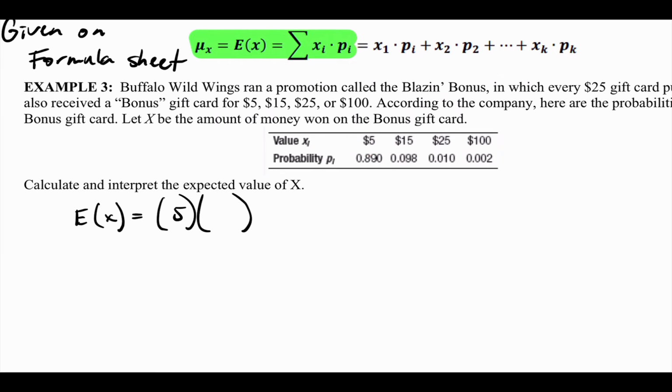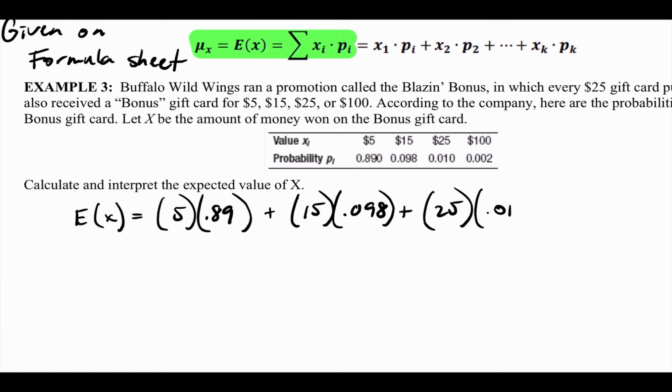What is its probability? 0.89, plus the next X value. What is the next X value? $15 times its probability, which is 0.98. And we're going to keep doing that until we're done with the list. Then you grab your calculator, multiply, multiply, multiply, multiply, and then add.